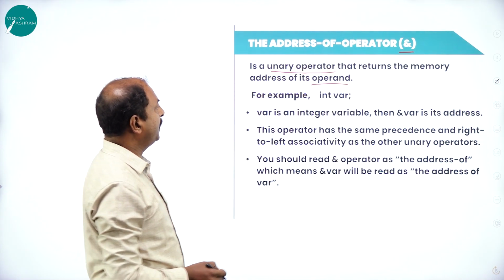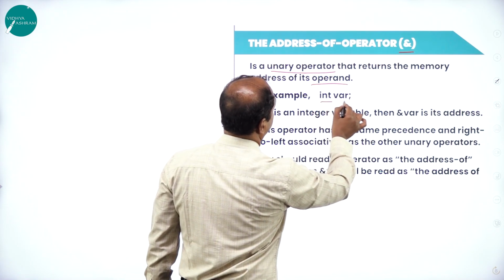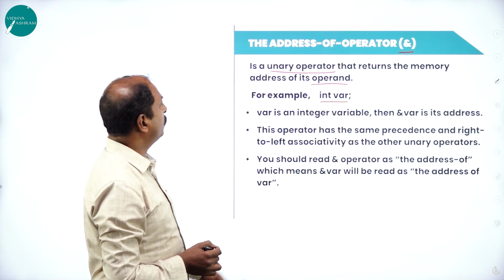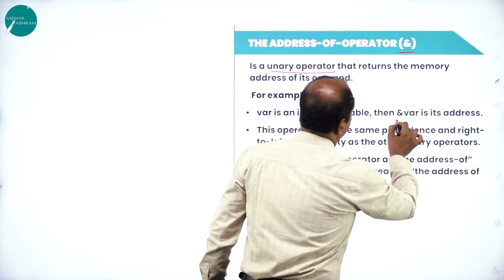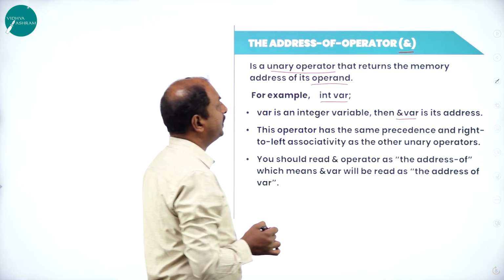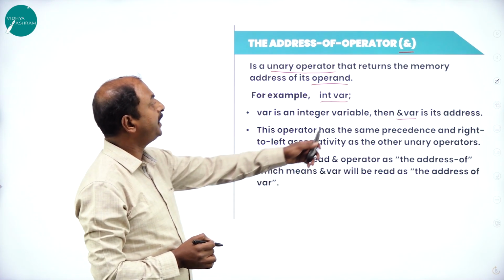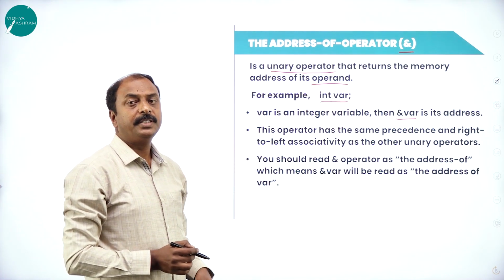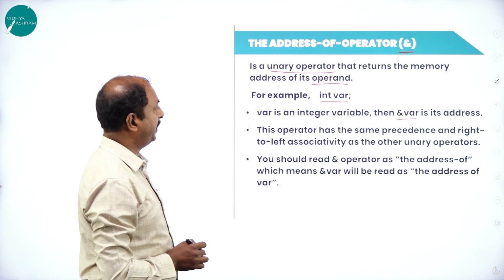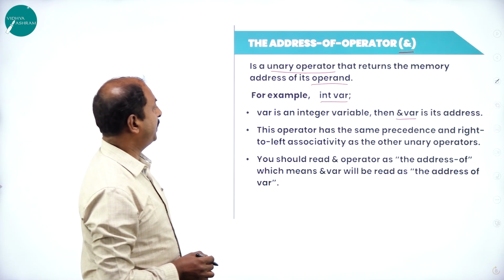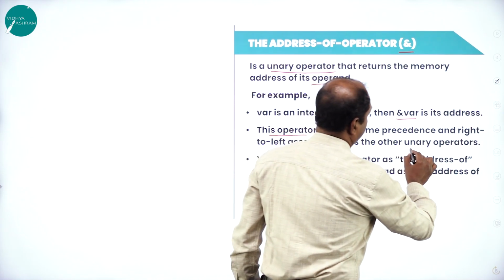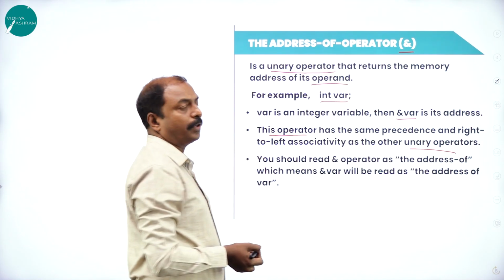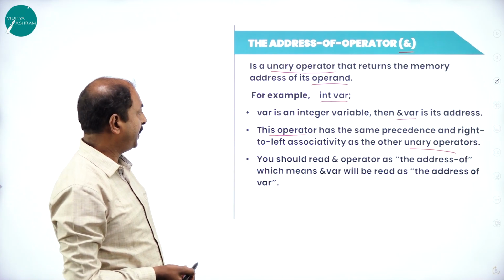For example, int var. This is a normal declaration. So var is an integer variable, and ampersand var is its address. If I say ampersand var, it means the address of that particular variable. This operator is a unary operator, as we have seen in the definition of a unary operator.